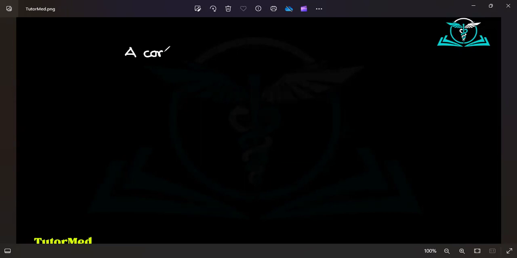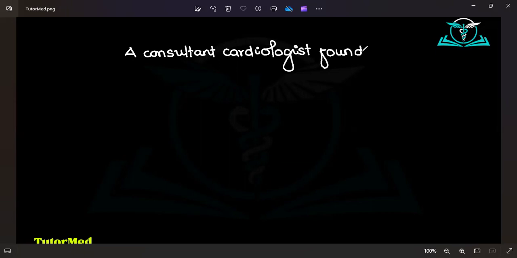A consultant cardiologist found that his patient had a left dominant heart.